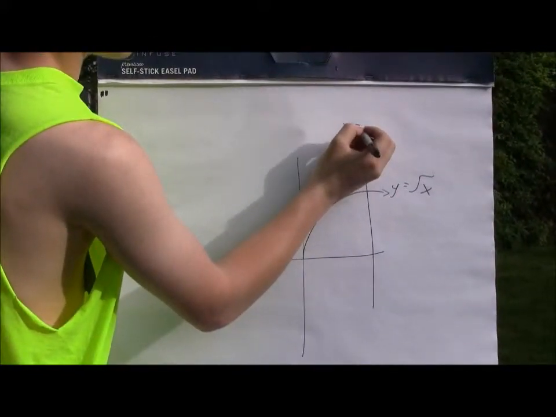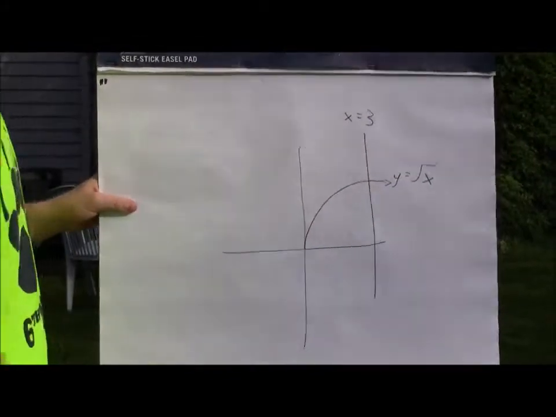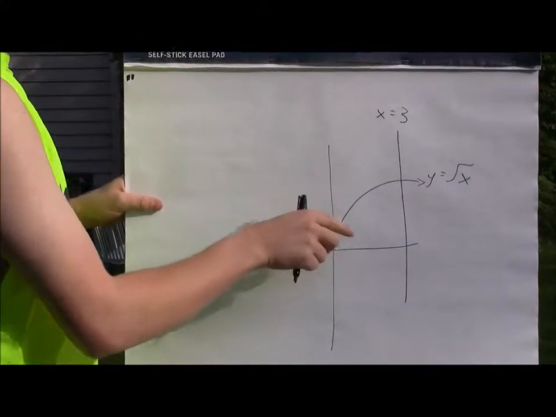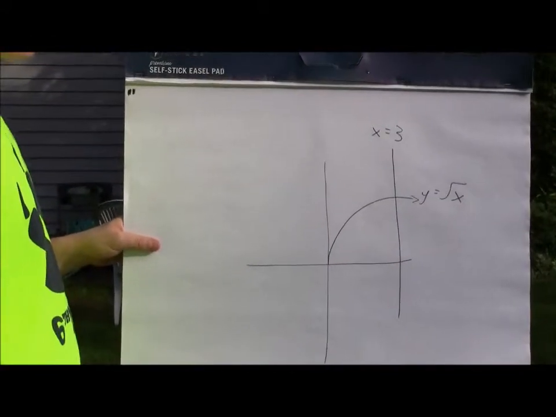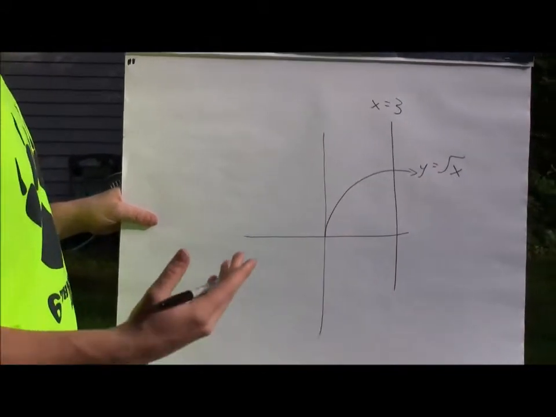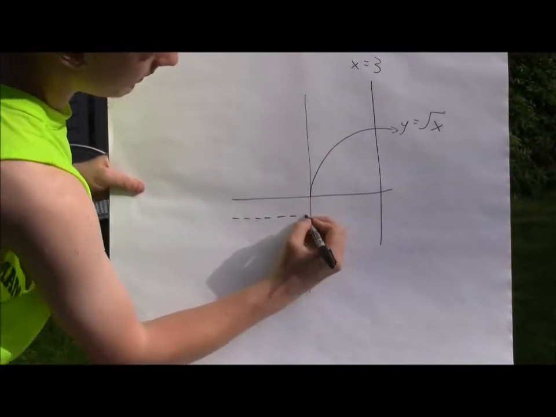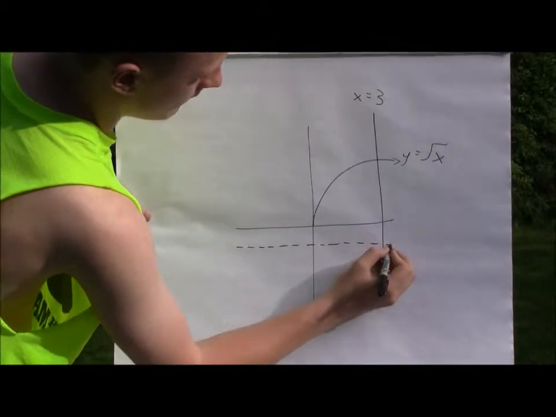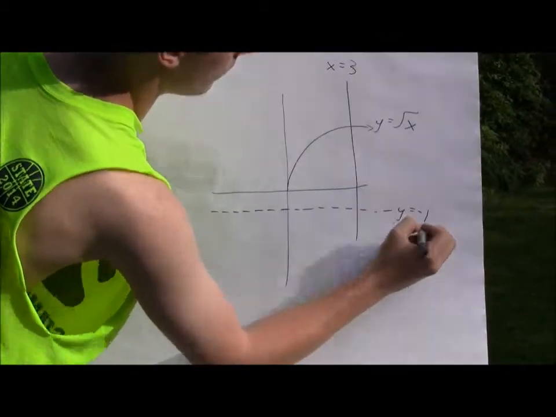That one we were calling x equals 3. And of course the x-axis. Now before we were rotating around the x-axis, but this time we want to do a different horizontal line. So let's pick y equals -1. So I'm just going to show that with the dashed line going here. We're going to call that y equals -1.